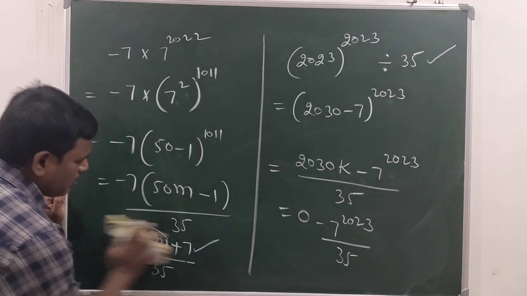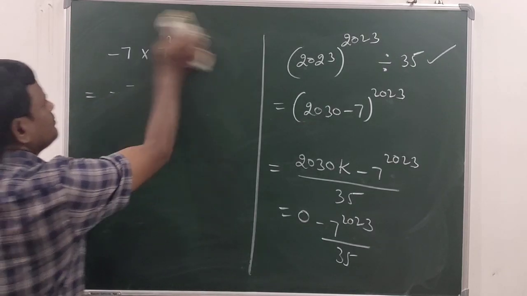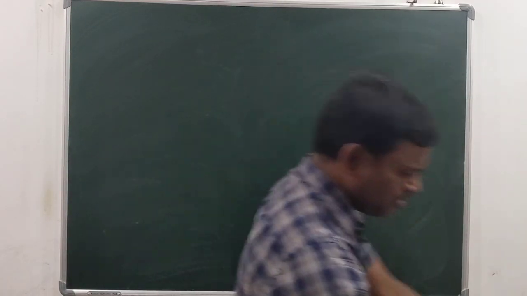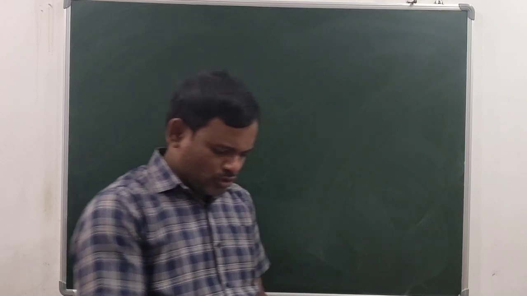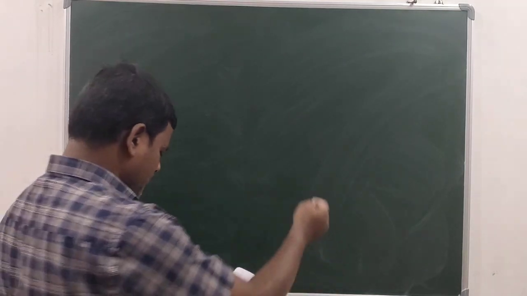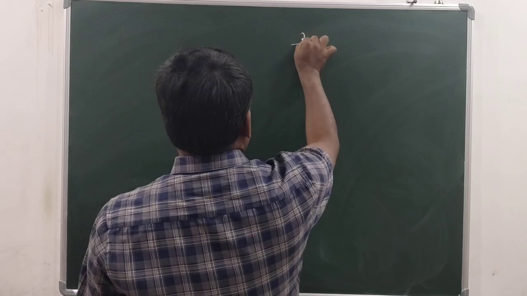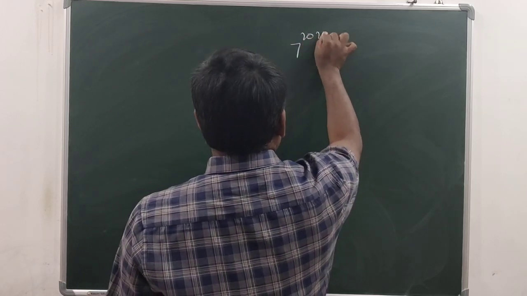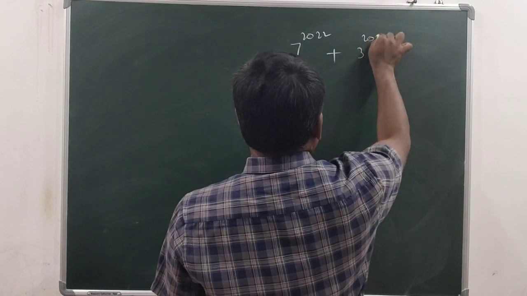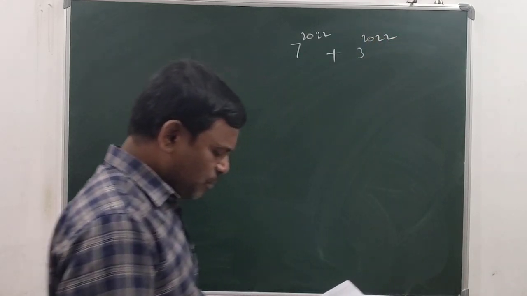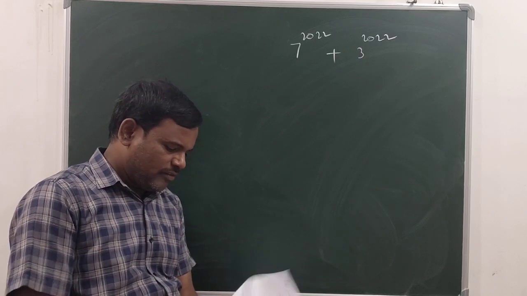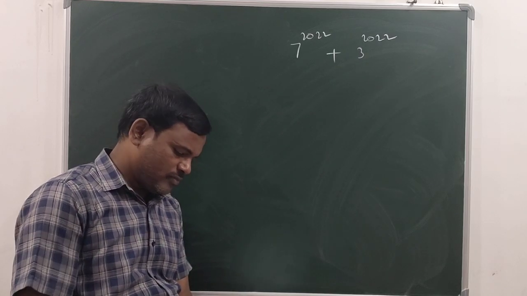Now let us go to one more application. See the next question. What is the remainder when 7 power 2022 plus 3 power 2022 is divisible by 5?